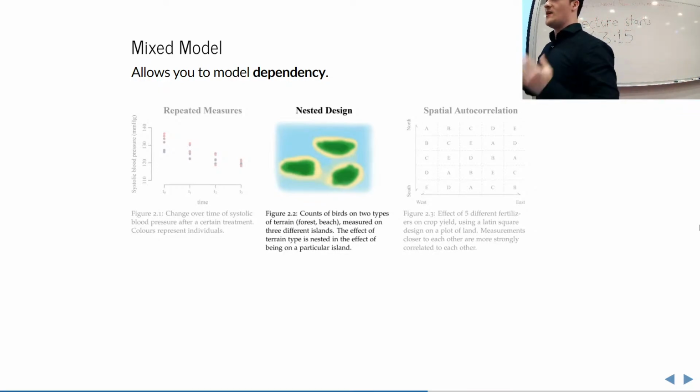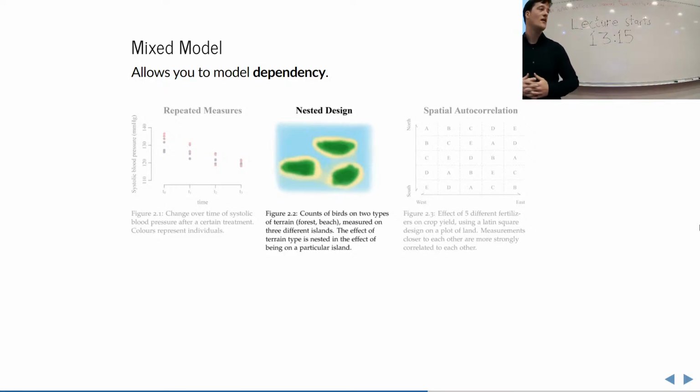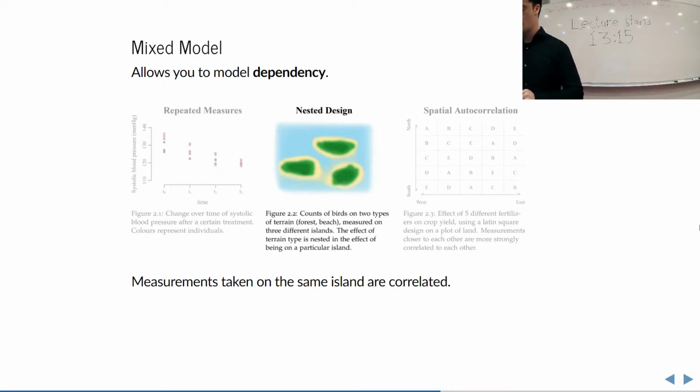But if one island is particularly rich in fruits and seeds, then of course there will be more birds. So the number of birds we're going to observe is nested in the island that we measure. And this kind of hierarchy is typically also something you can deal with in a mixed model, because measurements taken on the same island, again, are correlated.